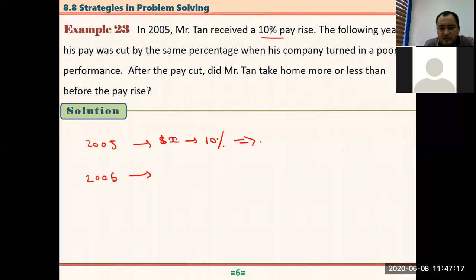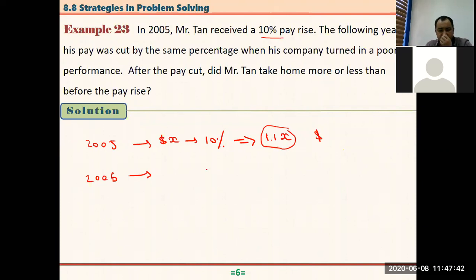New salary is 10% plus of this one, that is 110%, that is 1.1x dollars. So this is his new salary. If his salary was $1,000, now his new salary is 1.1 times 1,000, $1,100, right? For example, if it is $100, $110.